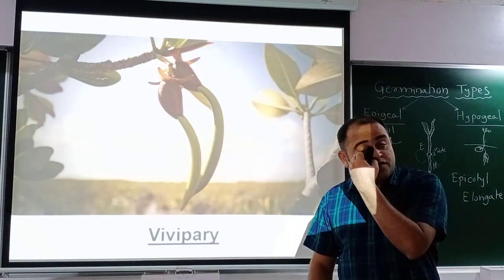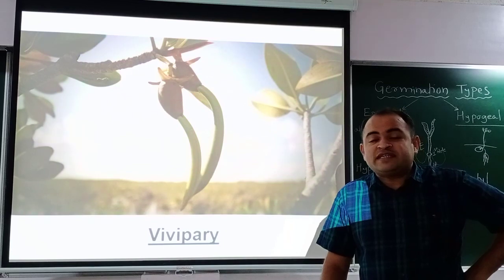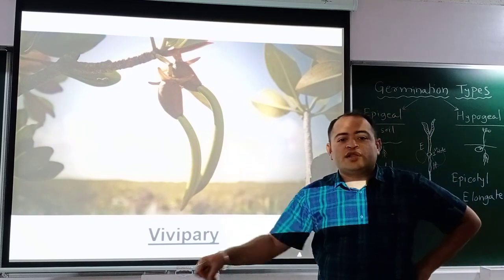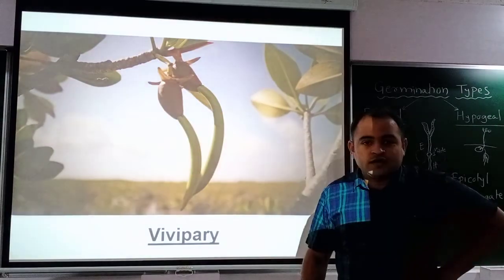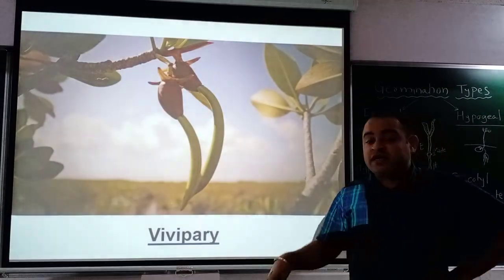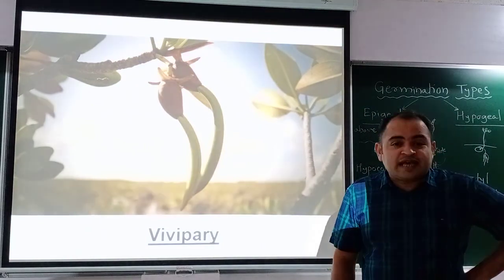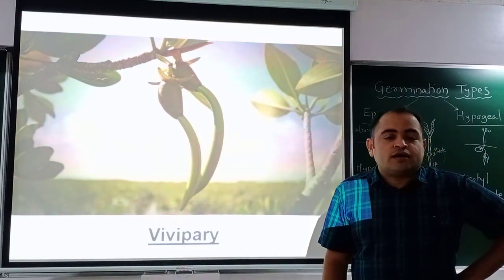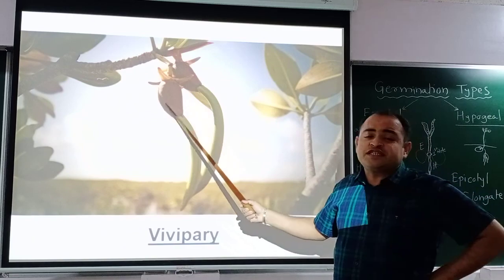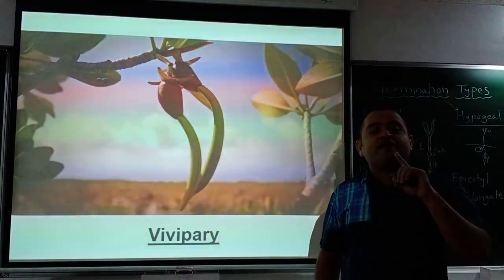So it is not possible for the plant to waste energy in developing seeds and throwing them away in the mud or in the water to get rotten. So to avoid that, this fruit has developed a mechanism where the seeds germinate inside the fruit itself. This is a single seeded fruit, and the part which is growing is nothing but the radicle.